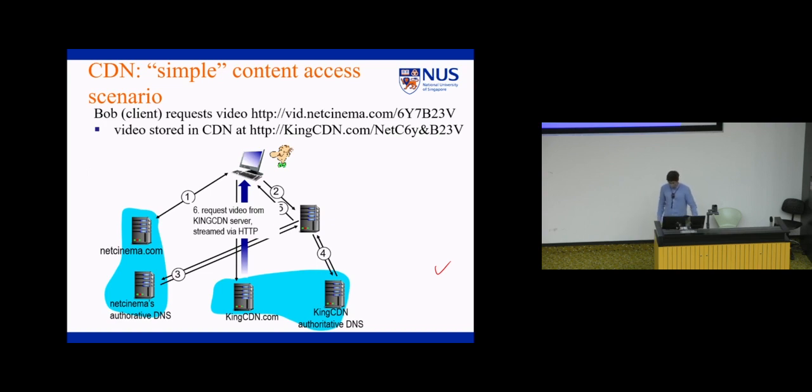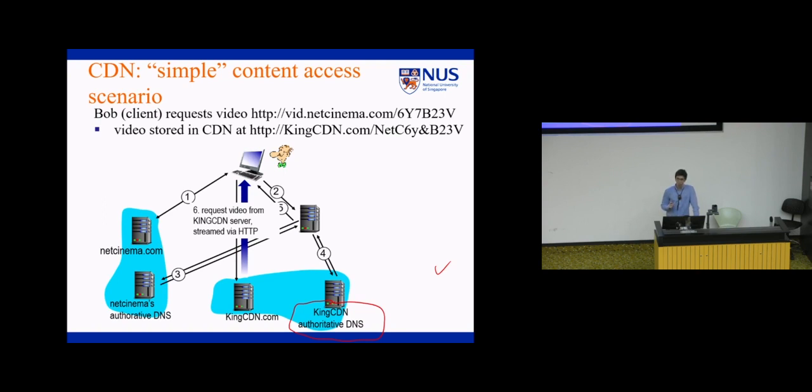Okay, so this was an example of content access to a CDN through HTTP streaming. And I also said that King CDN's authoritative DNS server performed a very critical DNS task.